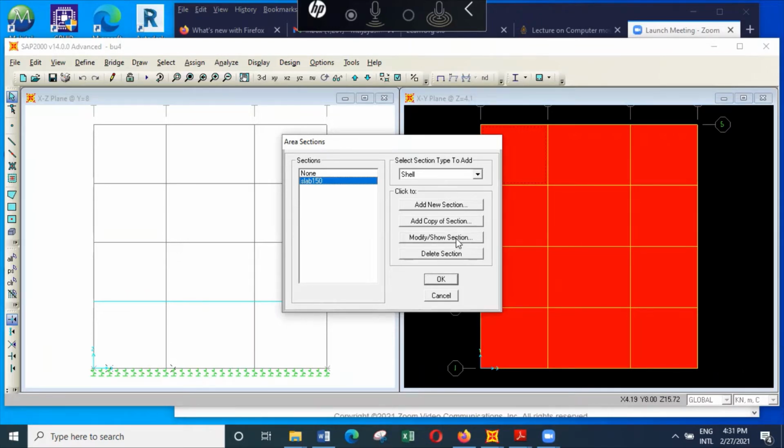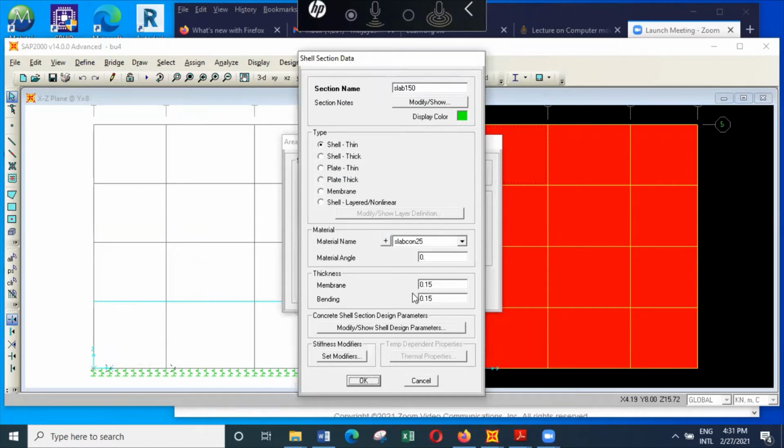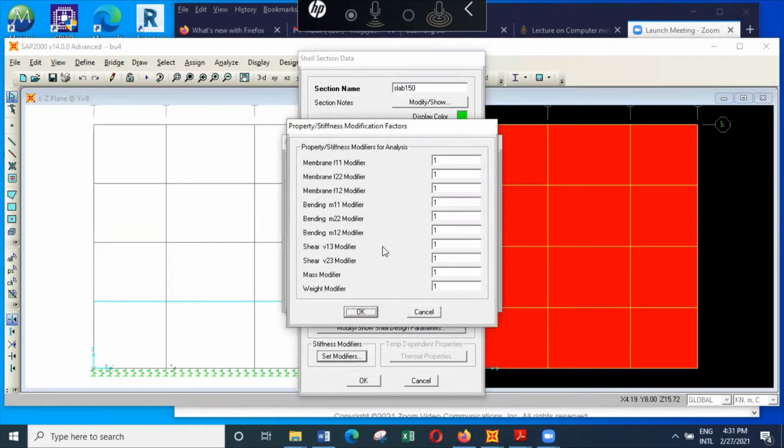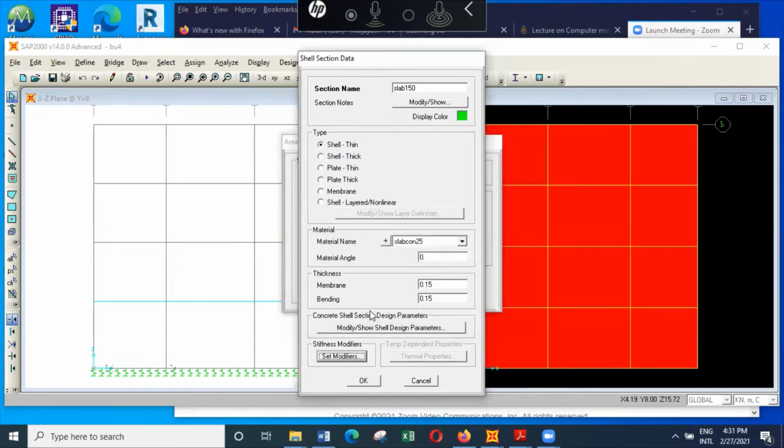Here you can see something called Set Modifiers. Go to the set modifier and make sure the bending modifier is 0.25, and this one modifier is 0.25. So basically the stiffness of the slab is reduced by 75%, so that it will not unnecessarily stiffen the beam.